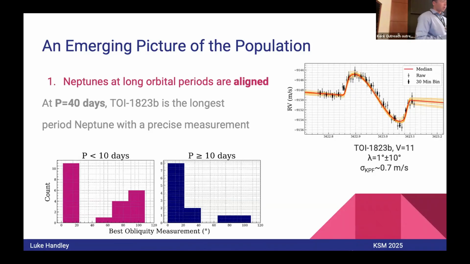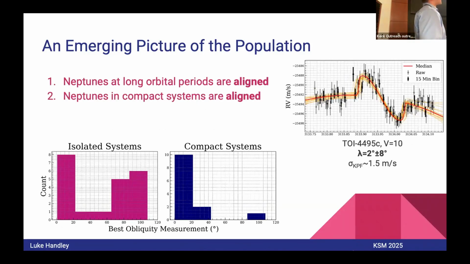We see alignment across the board. Next, Neptunes in compact systems are aligned. So if we again split into isolated and compact systems, we see that the polar systems start to disappear. So almost without exception, compact systems are in alignment. This makes sense because they probably quiescently converged and migrated together, and there weren't any significant dynamical perturbations.